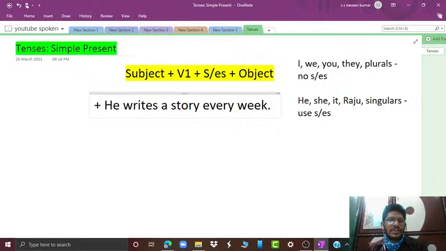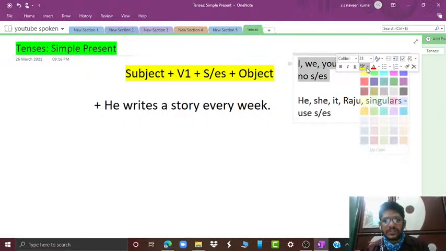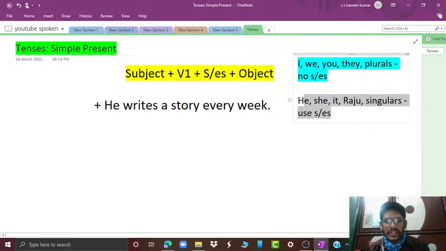Suppose the subject is not he, here the primary thing that we have to remember is the usage of the structure. So here it depends on what type of subjects we take. Some subjects we use S or ES and some subjects we don't use S or ES.